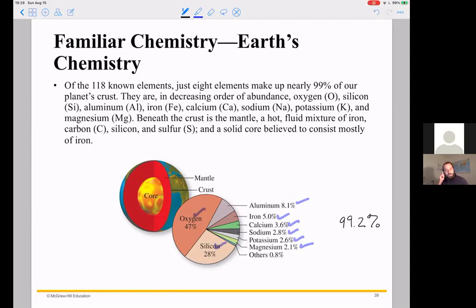So it might be surprising that there's a lot of oxygen in the ground. That's not oxygen gas. It's oxygen that's bound to other metals within rock. So rock consists of a good amount of oxygen. Of course, there's all different types of rocks. This isn't a geology class, but it's kind of crazy to think that we have 118 known elements, and yet 99.2% is composed of these 8 different elements.